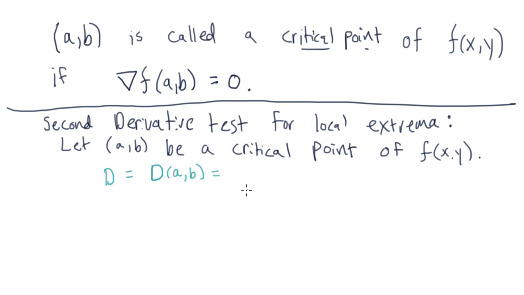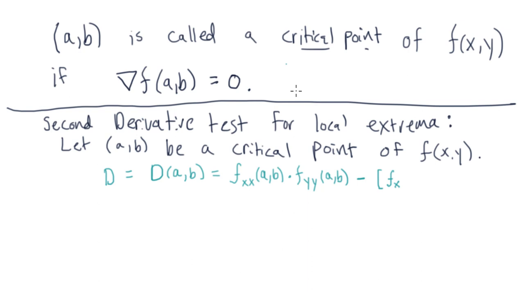So what is this? Well, it's going to be the second derivative with respect to x evaluated at (a, b), times the second derivative with respect to y evaluated at (a, b), minus, and now I'm going to make one more slight assumption that the mixed partials of f are equal, which is okay.